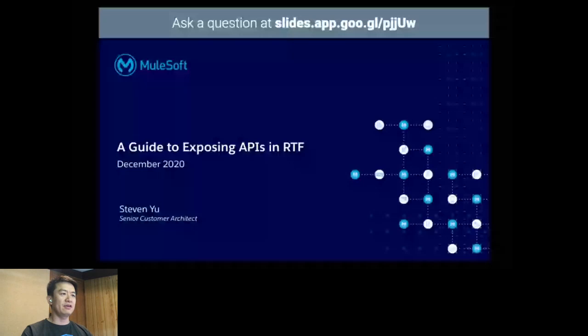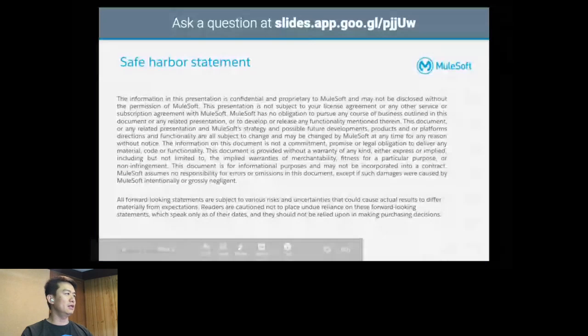First is the safe harbor information for you to read. And just a quick introduction about myself, I'm Stephen Yu. I have been working in MuleSoft support for 3.5 years. I have DevOps and consultant backgrounds. I used to help a lot of customers migrate to AWS and build CI/CD pipelines.